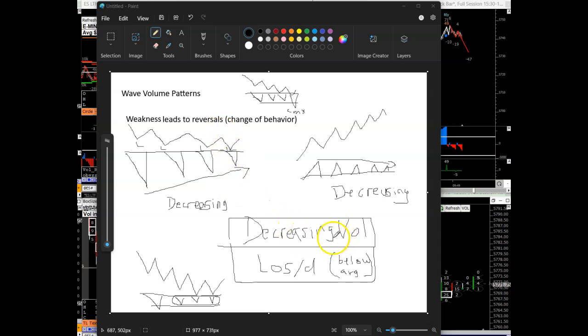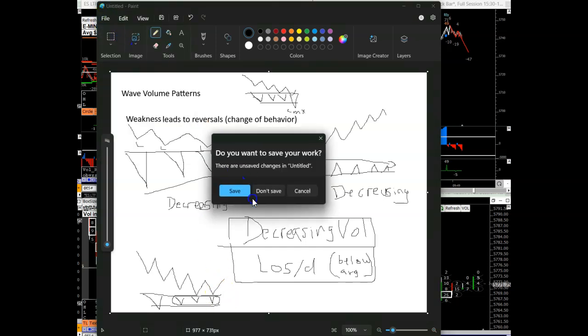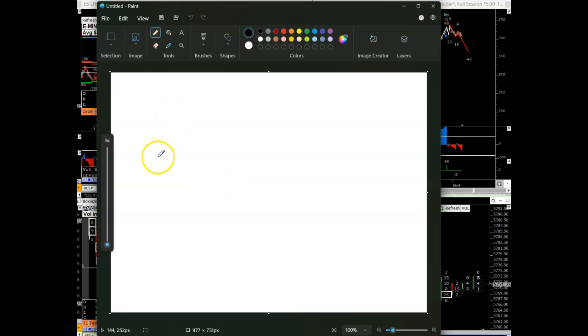So I've covered the decreasing volume pattern and the lack of supply or demand, where a series of volume waves are below average. Now let's cover what happens after that. You might get a change of behavior or buying activity. So you get that buying activity, then what happens is something like this.